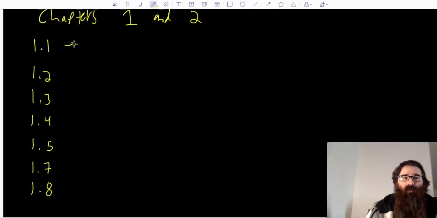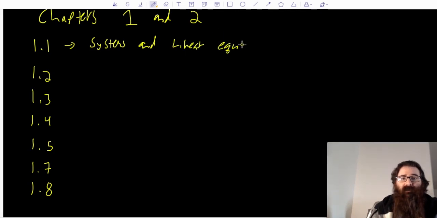So for 1.1, we had systems and linear equations. For 1.2, we had row reduction. We'll talk about these after we're done writing them down, but let's just jot them down.